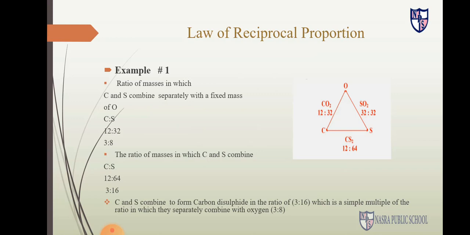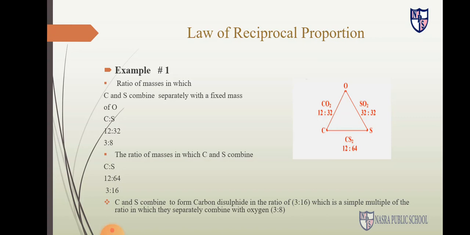So let's have a look on an example. Here in this picture you can see three different elements: carbon, sulfur and oxygen, and three different compounds as well. So first, carbon separately combines with oxygen and formed a compound called carbon dioxide, CO2.